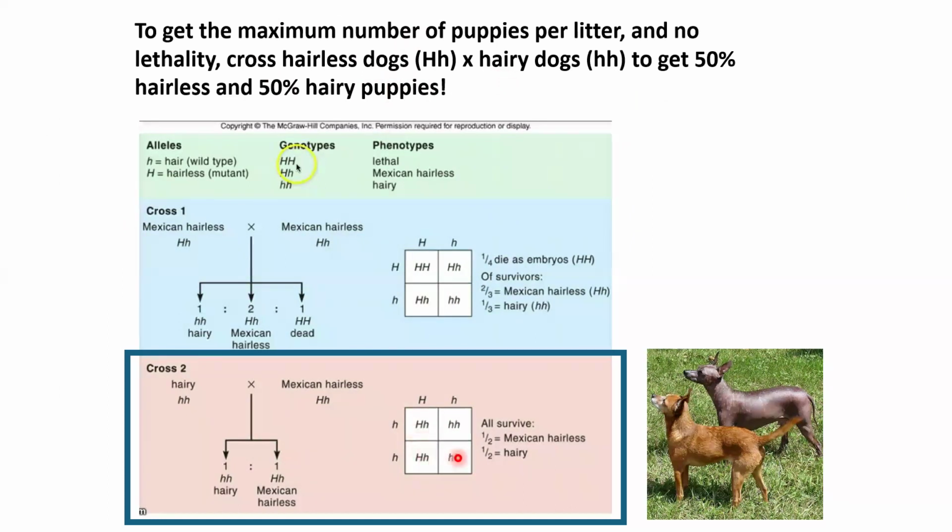So in that second generation, it would just be crossing them with hairy dogs and getting half Mexican hairless and half hairy dogs.